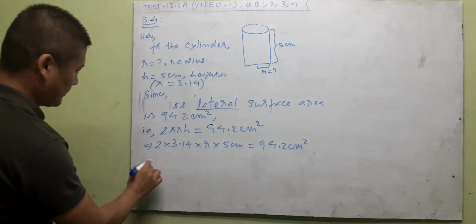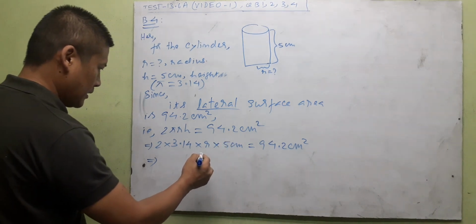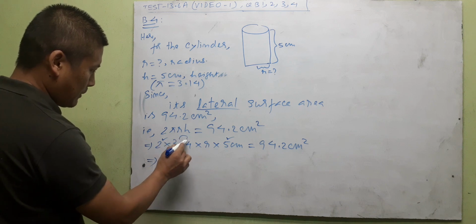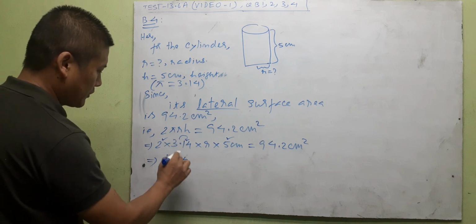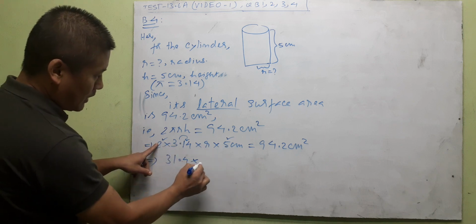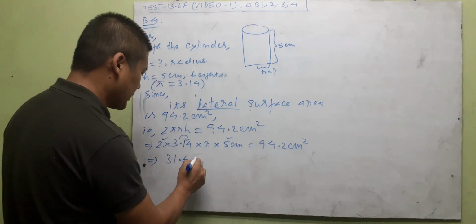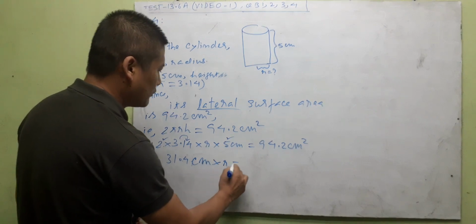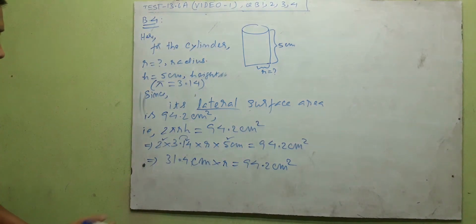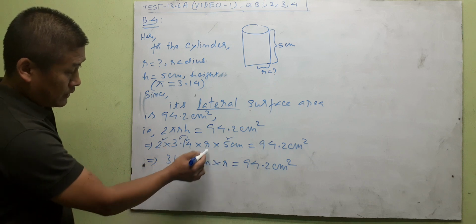Now 5 2s are 10, and 10 multiplied to this decimal will shift the decimal one place right, so this will become 31.4. Into r will therefore be 94.2 centimeter square. So I repeat, 5 2s are 10, and the decimal has shifted, so 31.4 centimeter, and r.